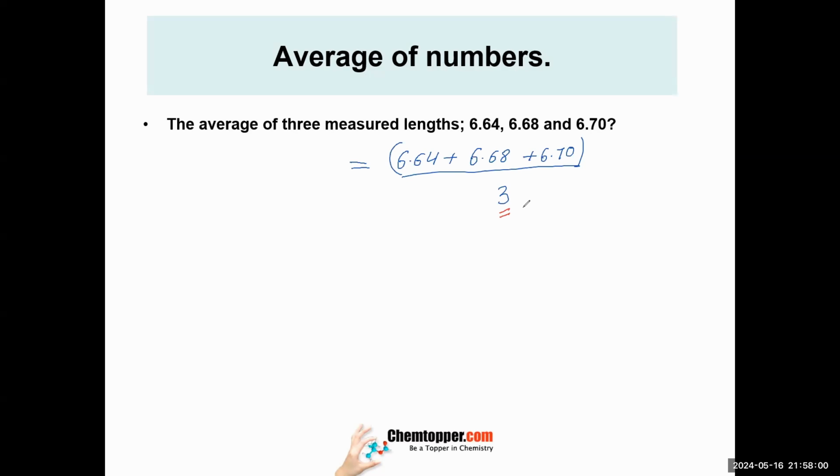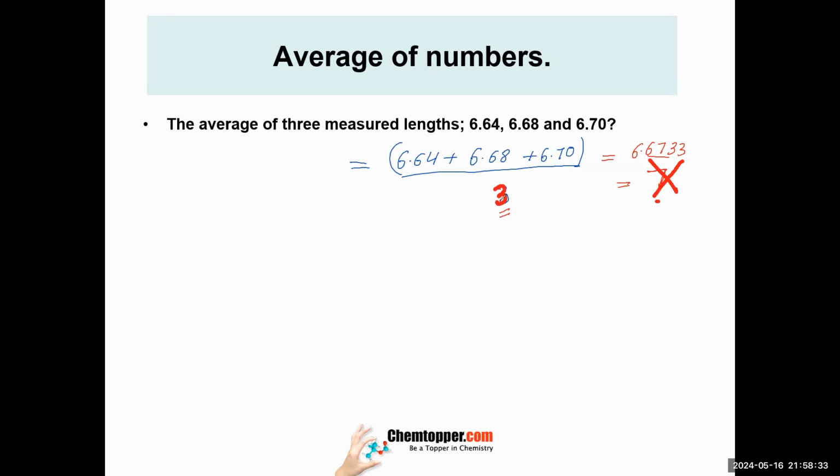Then my answer should be with one significant figure. If I do all this mathematics, that answer is 6.6733. If I use the rule of multiplication division, this is division, my answer should be in one significant figure. After rounding off, it will become 7. I have to drop all these. It will become 7. But this answer is wrong.